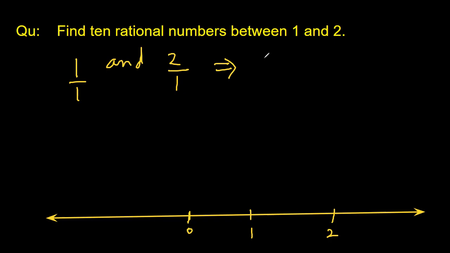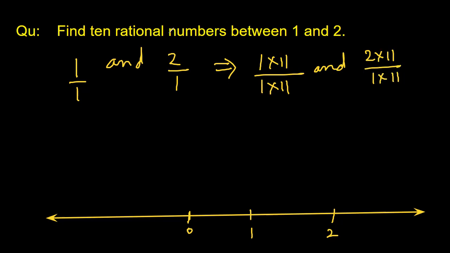So can I write 1 as 1 into 11 by 1 into 11, and the other number is 2 into 11 by 1 into 11. That means we need to find numbers between 11 by 11 and 22 by 11. Now, is it easy to find those numbers?